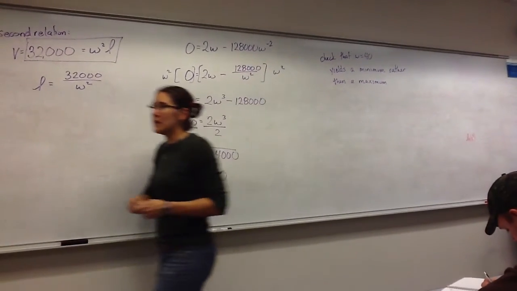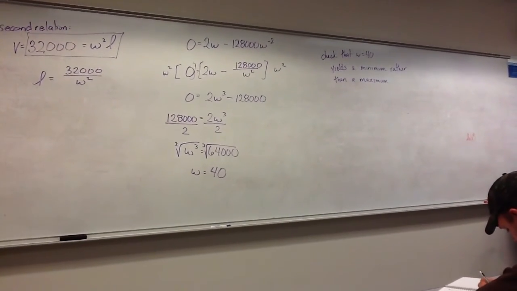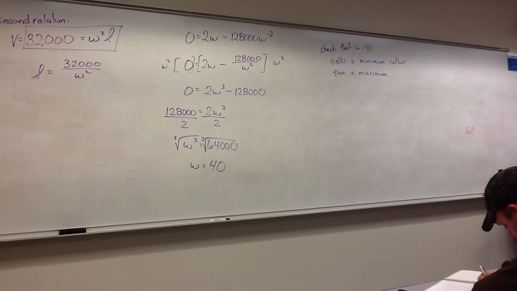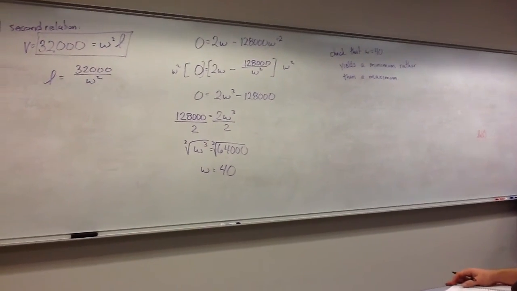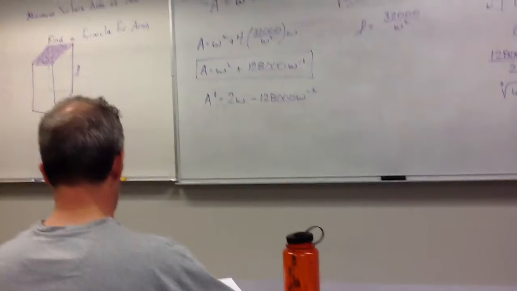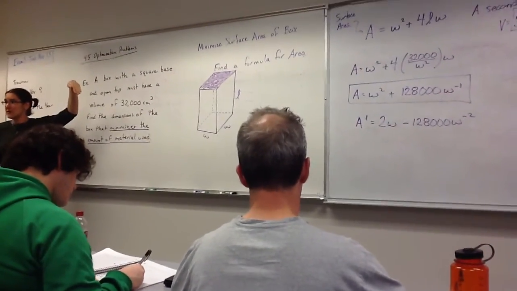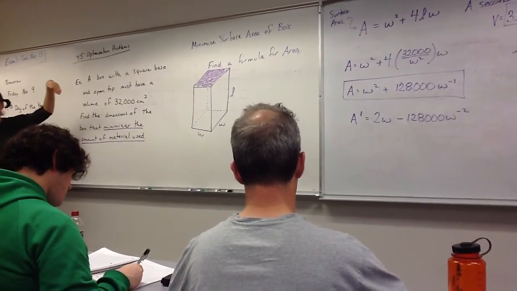Because it would be a really bad idea if we went back to our supervisor and told them that we want a box whose base is 40 by 40 that minimizes the material used, but in fact it actually was the top of a hill and maximized the amount of material used. Your boss would not be very happy with you.